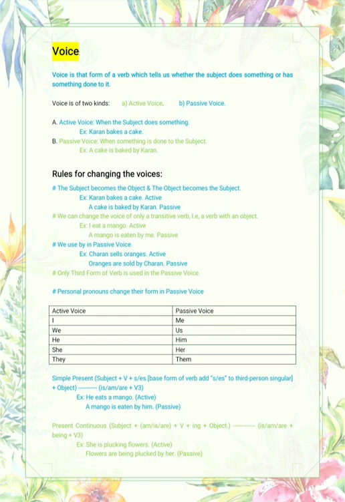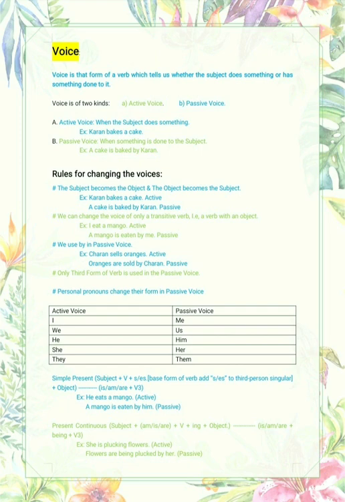Now another rule: we can change the voice of only a transitive verb. Now this is very important. Always keep in your mind that we can change the voice only of transitive verbs, which means the verbs with an object.